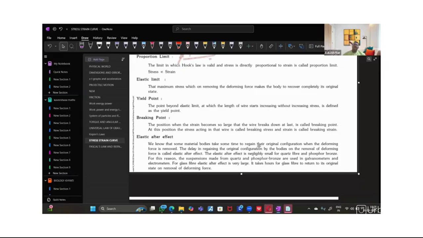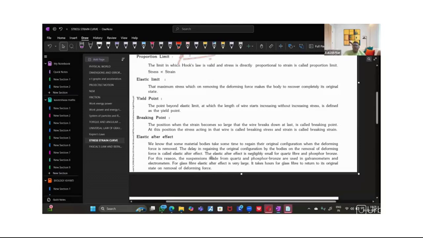We have seen this in hard plastic. This delay is called the elastic after effect. That means the deforming forces are removed, but the body takes some time to regain its original configuration. That particular effect is known as the elastic after effect.